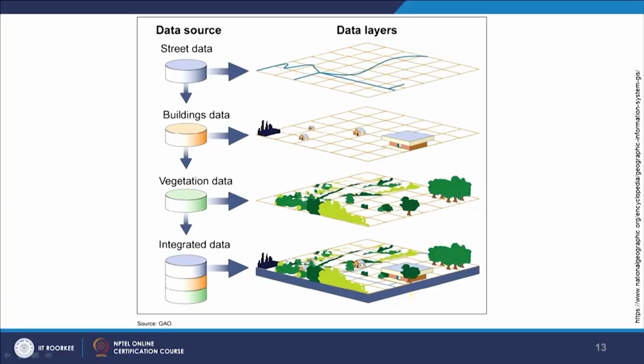Again the real world is shown at the bottom. Then we start segmenting the data, so that this entirely integrated data, like a street data, a building data, a vegetation data, everything is stored in a layer. When we see building data, only buildings are shown here. When we see the street data, only streets are shown. And as soon as we start putting all together, we reach the real world.